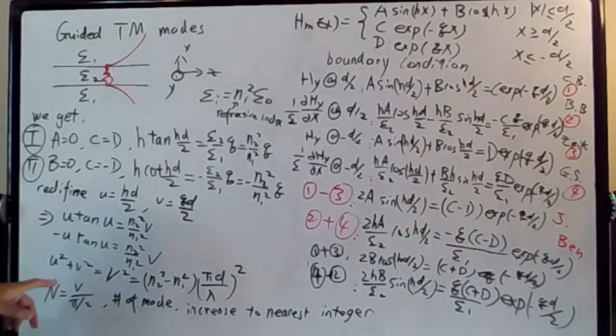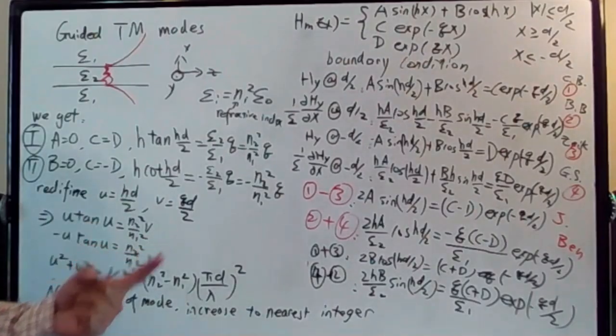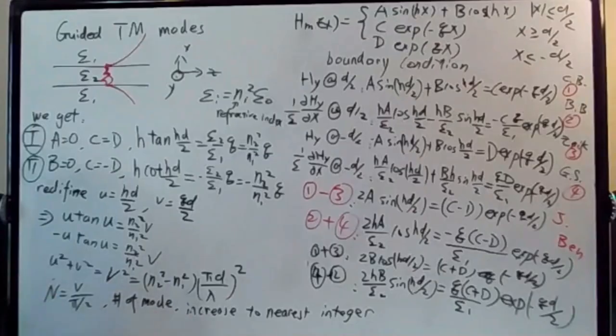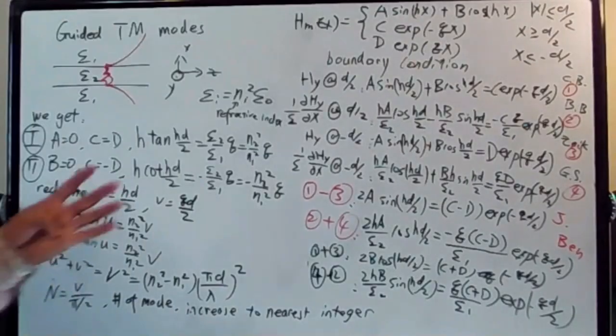If my V over pi over 2 becomes 1.1, it means 2 modes, 2 solutions. If V over pi over 2 is 0.5, that means I have 1 mode. If V over pi over 2 is 3.5, that means I have 4 modes.